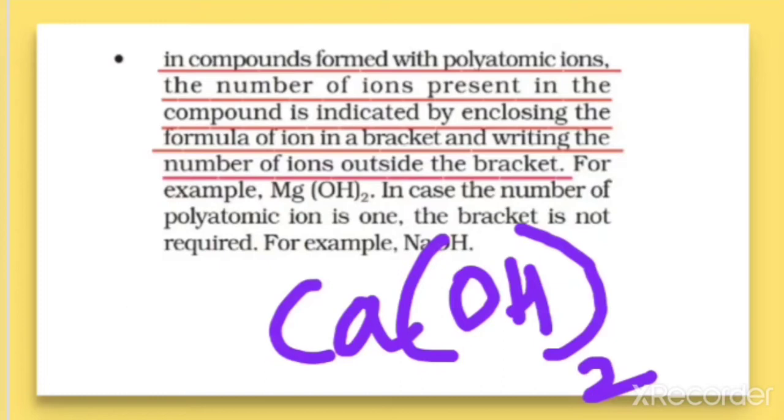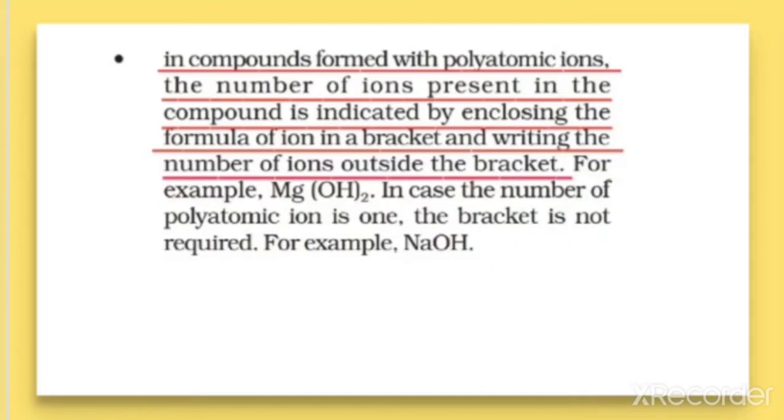This rule is given for indicating this type of representation, called the chemical formula. So in such a case, having a polyatomic ion, we use the bracket sign, and the polyatomic ion is represented within the bracket, with the number of ions written outside the bracket.